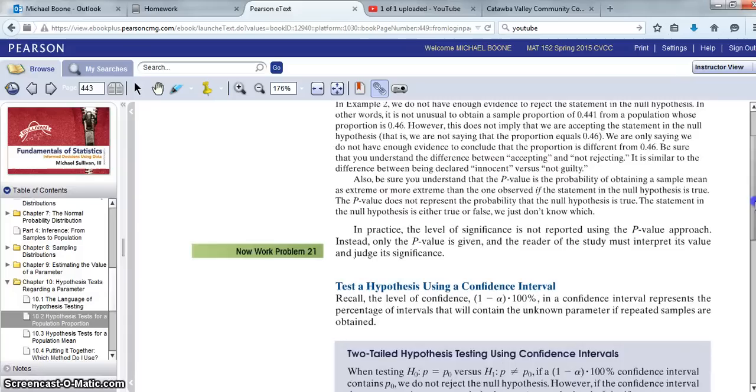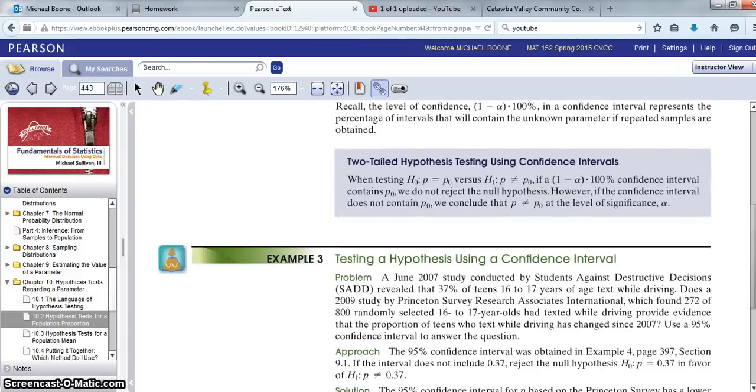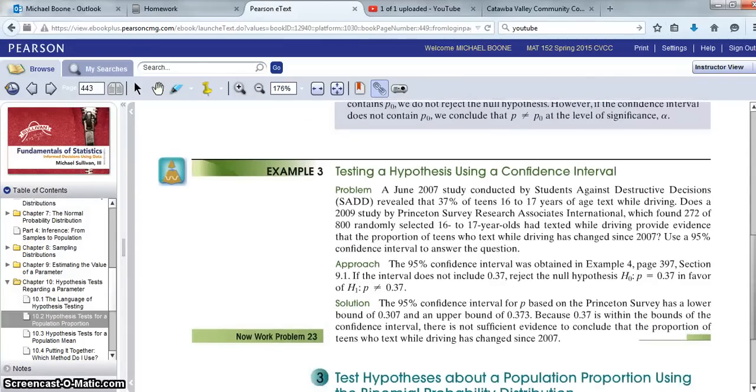I think when we do these, what we're going to have to use is the binomial to give us the information.